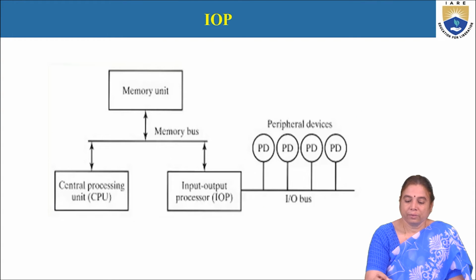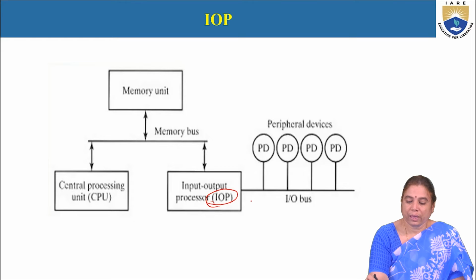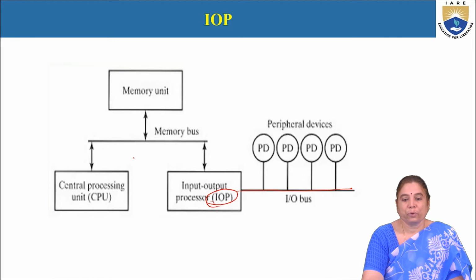So, here this is the Input Output Processor. With the I/O bus, all the peripheral devices can be connected to the Input Output Processor, which in turn connects to the internal parts, that is the CPU and the memory unit.